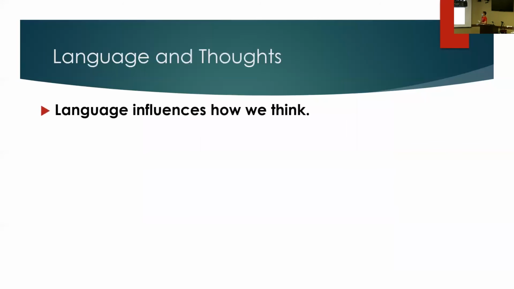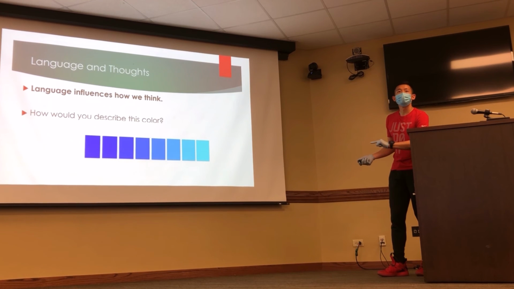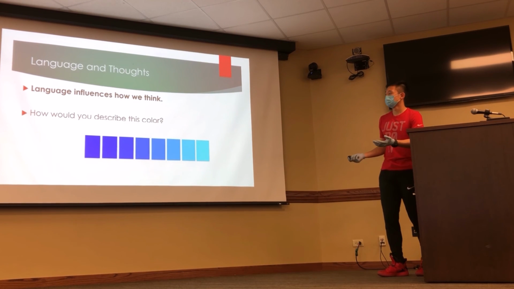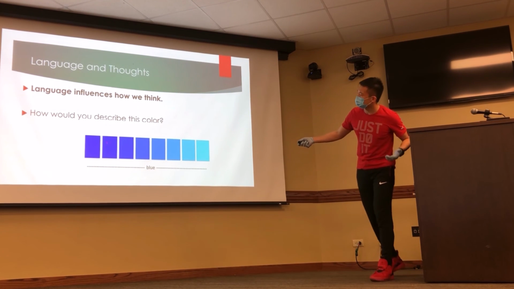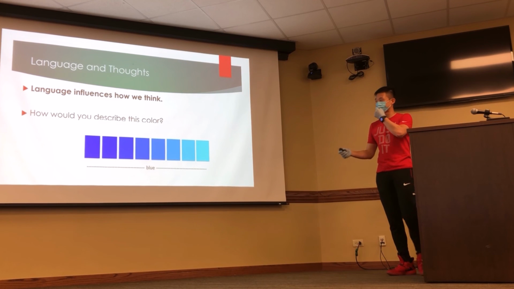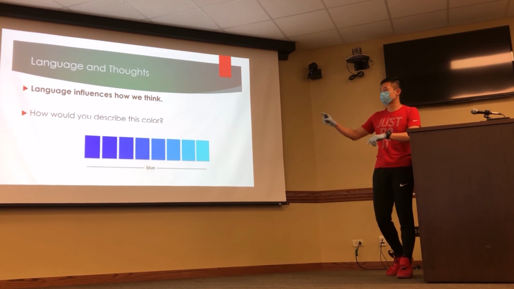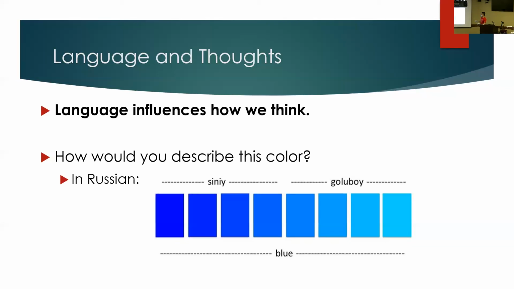Okay. So language and thoughts. Language influences how we think. How would you describe this color? It's like degrading blue. Blue, right? Because in English, this looks like purple here, but it's blue on the slides. If you go to your computer slide, it's blue. Everything is blue. However, in Russian, they can distinguish dark blue and light blue.